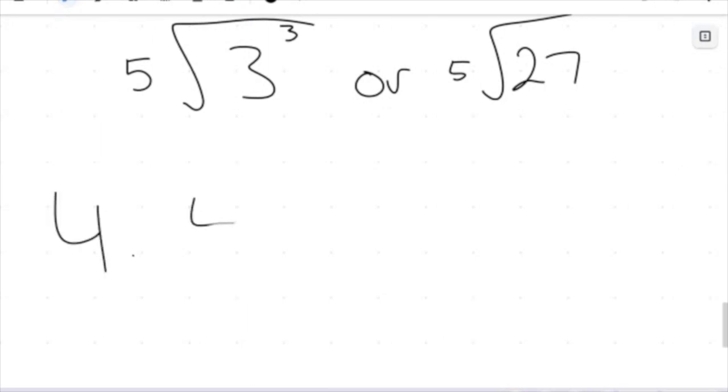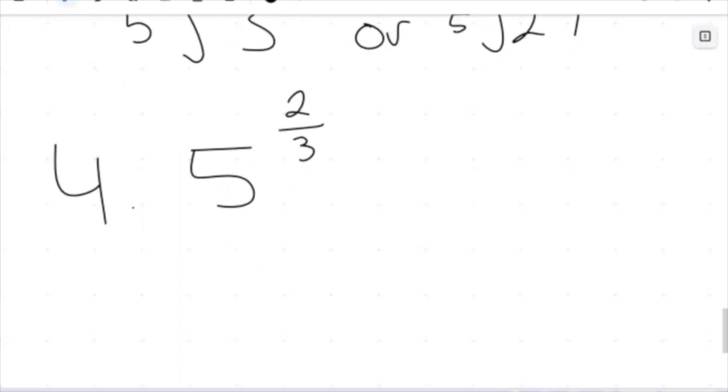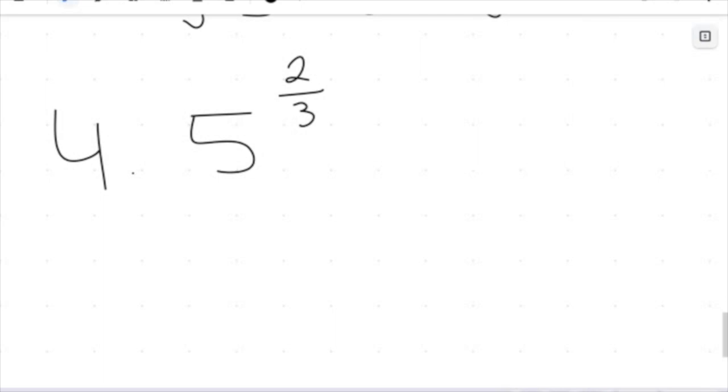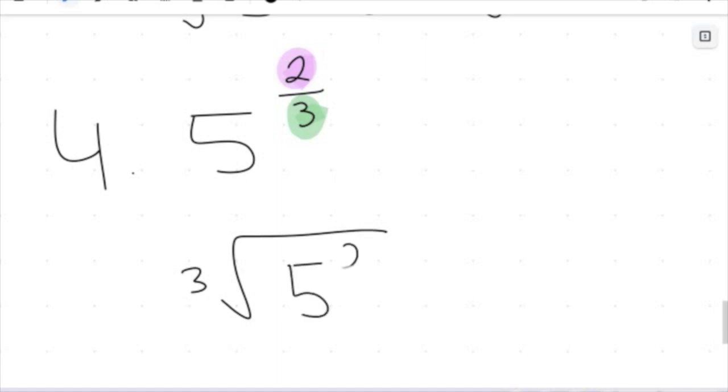Let's do 5 to the power of 2 over 3. I'm doing the exact same thing here. I'm just considering, okay, what my denominator is and what my numerator is and where those are going to go. My denominator is 3, so that means I'm taking the cubed root, and here I have 5 squared in here.